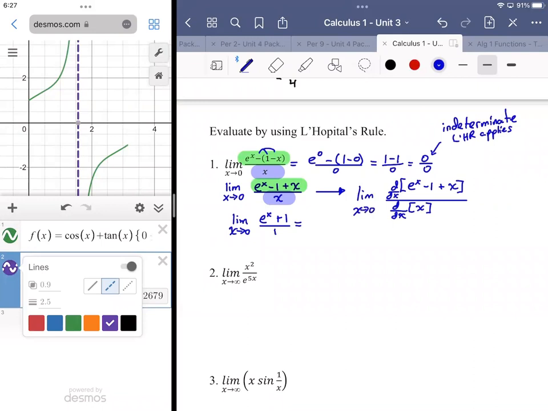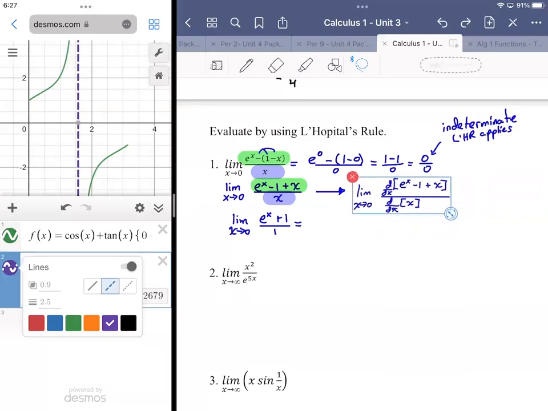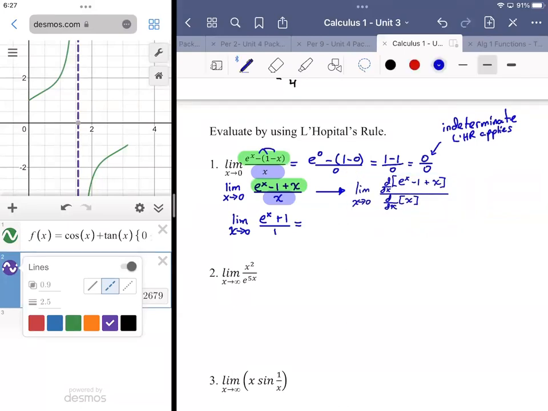So that's where this next step came from. Showing that one last step, and then I'm going to retire. When you apply the limit, we get e to the 0 plus 1 over 1. So 1 plus 1 is 2 over 1 is 2. And so that would be my limit.